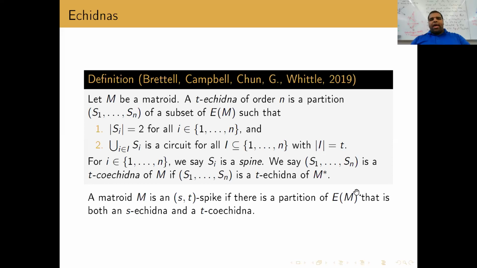So another way that we can talk about these ST spikes is that a matroid is an ST spike if there's a partition of the entire ground set that is both an S echidna and a T co-echidna. So every set of S pairs, the union of that is a circuit, and the union of any T pairs is a co-circuit.